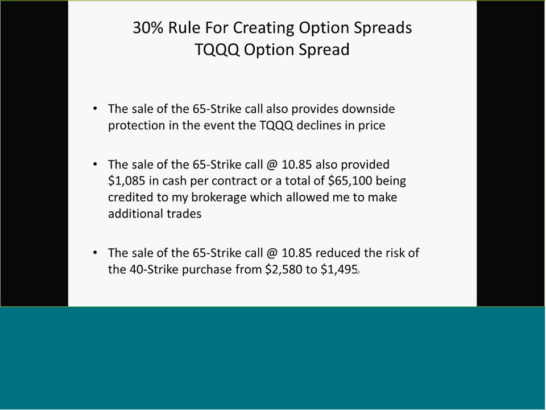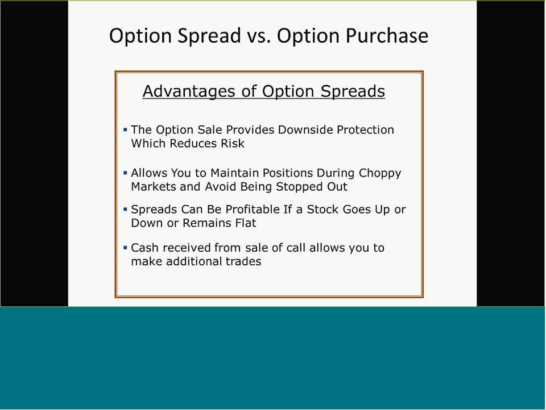Okay, so let's just review the option spread versus the option purchase. The advantage of the option spreads is that when you sell a call option, that provides downside protection and also reduces your risk. It allows you to maintain your position during choppy markets and helps avoid being stopped out.